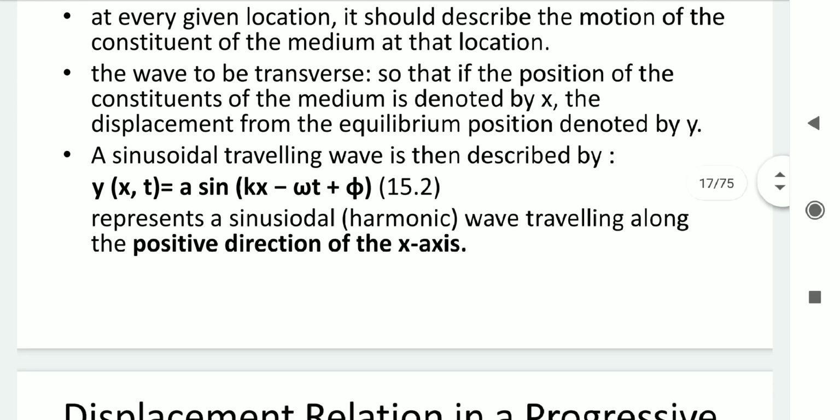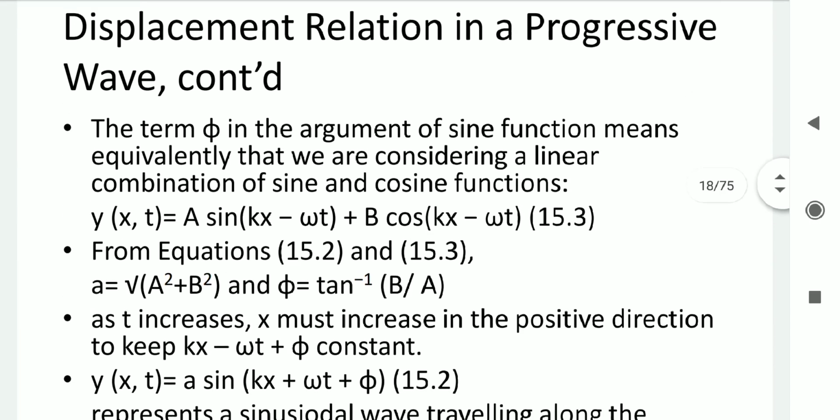So this y of x, t can be defined in terms of sine and cosine functions in this way: a sine kx minus omega t plus b cos kx minus omega t.